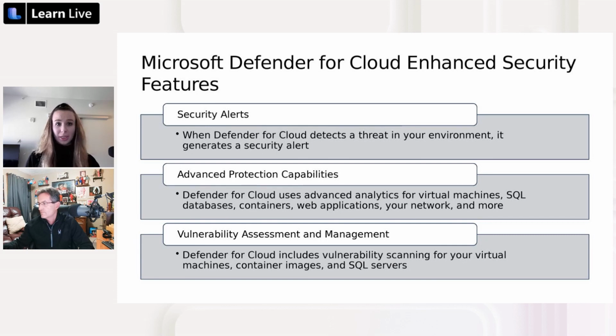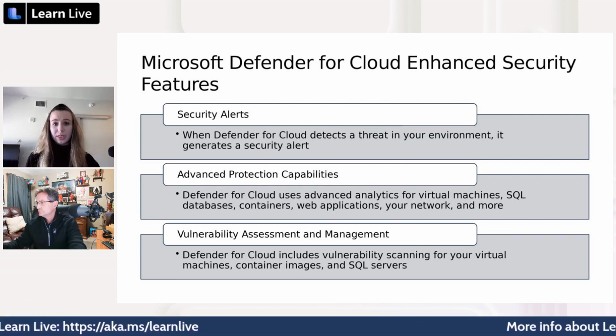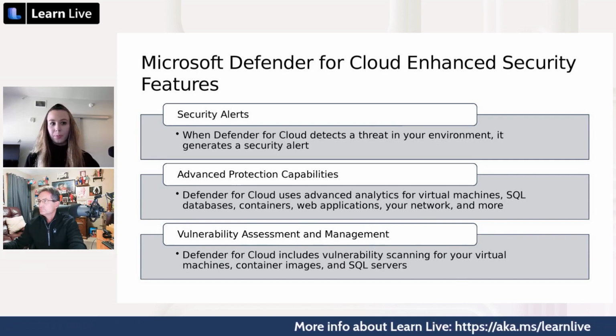We also do anomaly detection. This is more personalized to your environment. So we're looking at the baselines that are specific to your cloud deployments. Maybe the normal way a service account within a Kubernetes cluster would interact with other resources, so we can alert you if there's any abnormal activity going on.